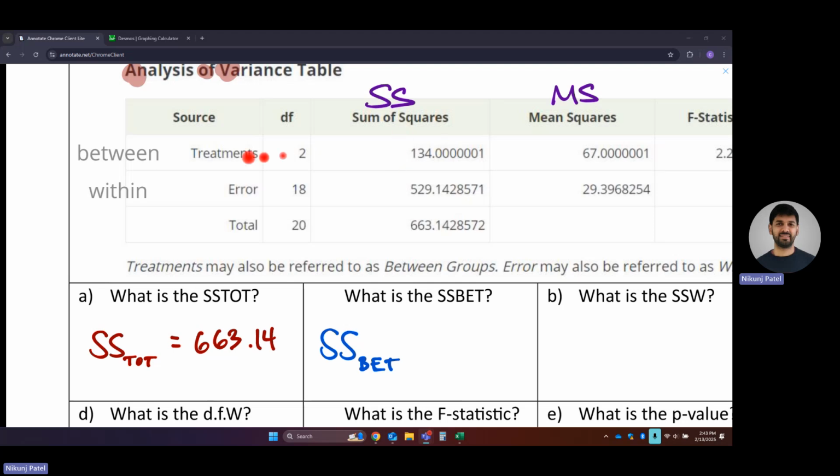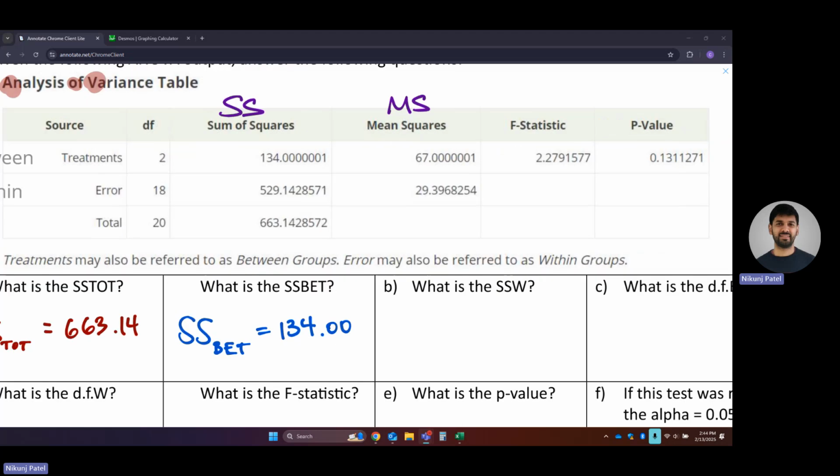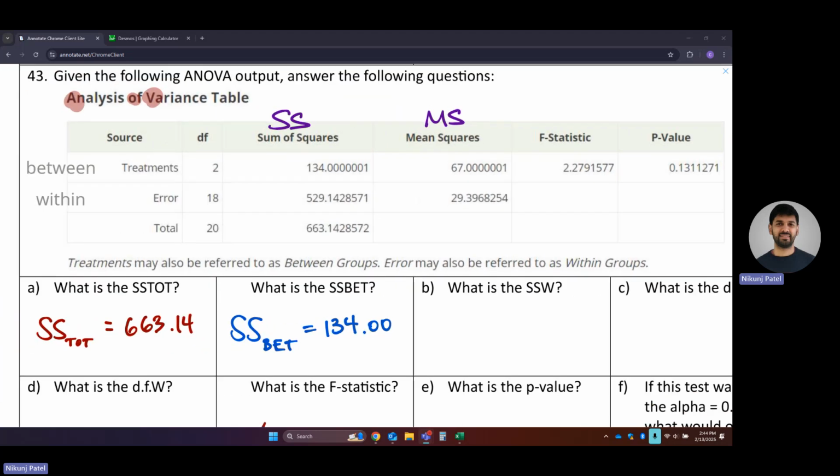The between is the first one, the treatments, that's 134, and of course there are more decimals, but I'm just going to leave it at 2 for now. And then SSW, that's SS within. Capital S, small w. So sum of squares within, that's the second row right there, 529.14.